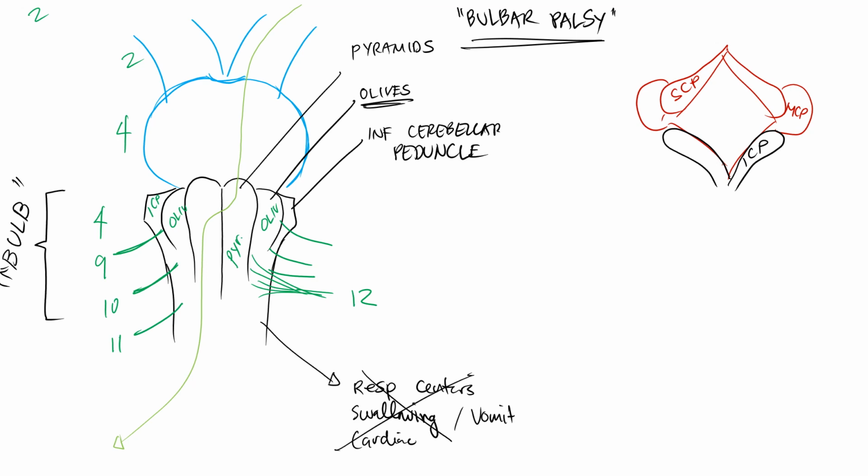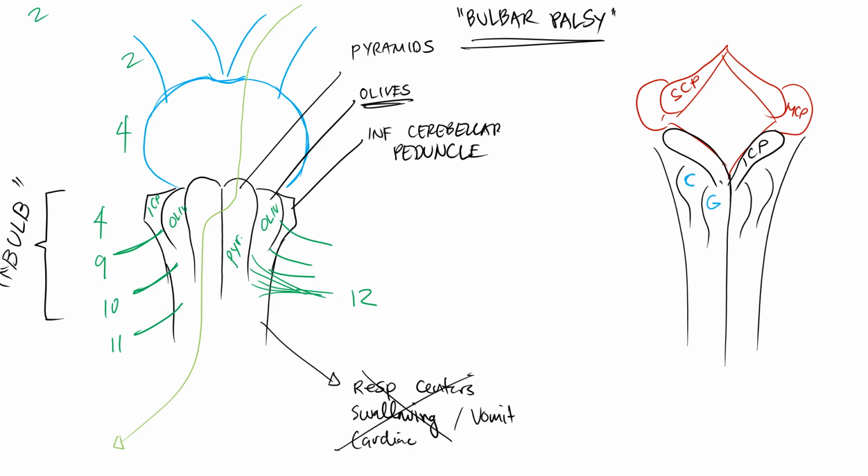Posteriorly, posterior surface anatomy. So, posteriorly, you also have a long posterior median sulcus. And then, there are two bulges that you will see behind the medulla. To make it easy for you, it's in alphabetical order. C and G. C is your cuneate tubercle.